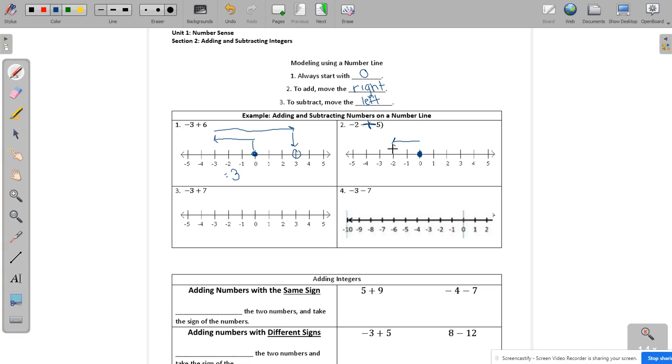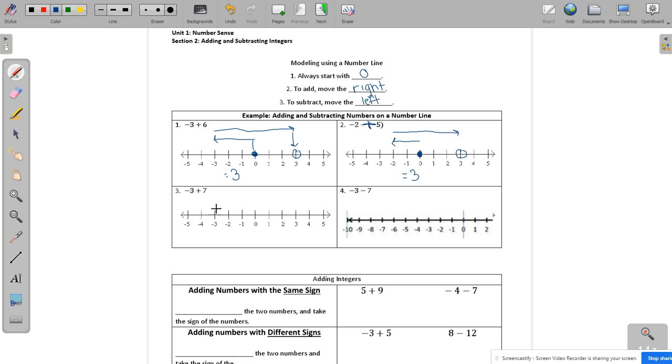And then from there, we're going to move to the right because we're adding 5. So from -2, we're going to go to the right and move over 5. And that brings us to 3. So -2 plus 5 is equal to 3.